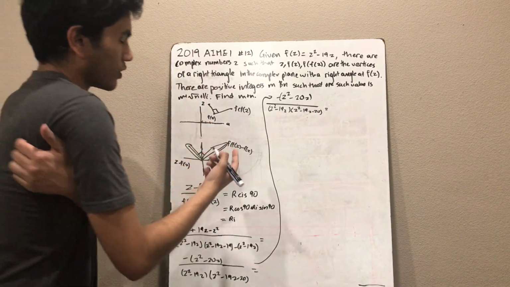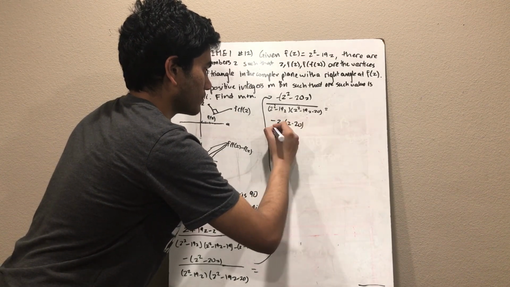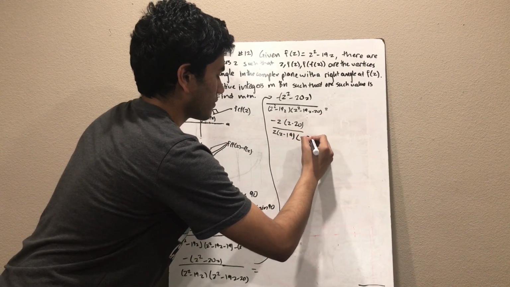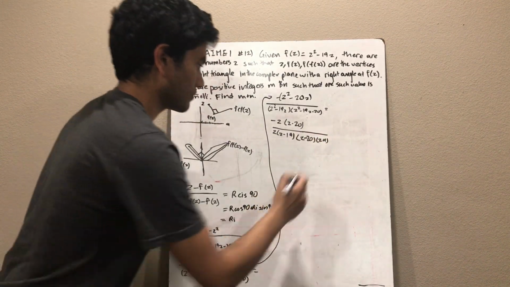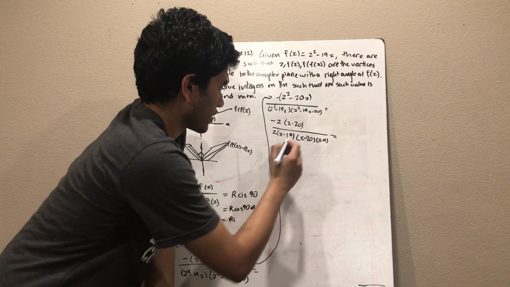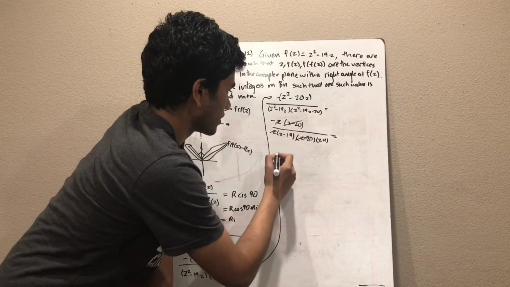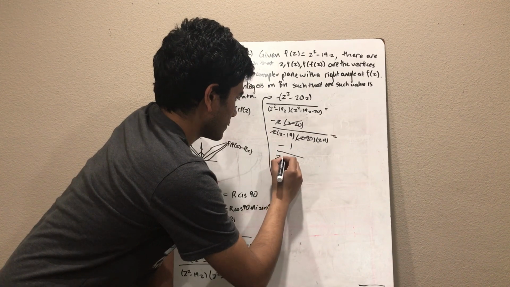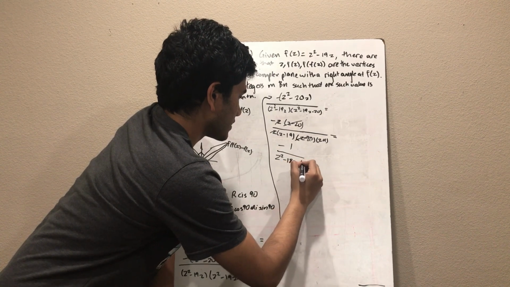So let's try to factor out whatever we can from both the denominator and the numerator. So what can we do? We can cancel out both z minus 20 factors, and cancel out both z factors. So what we're left with is negative 1 over z squared minus 18z minus 19.